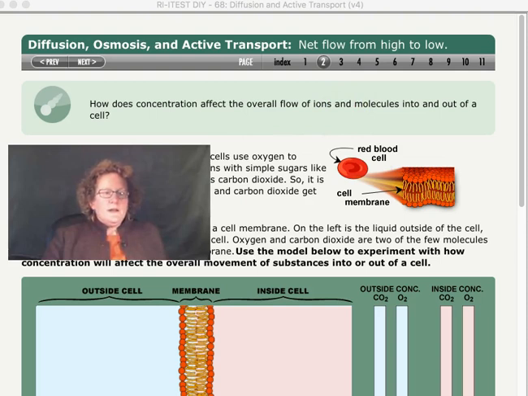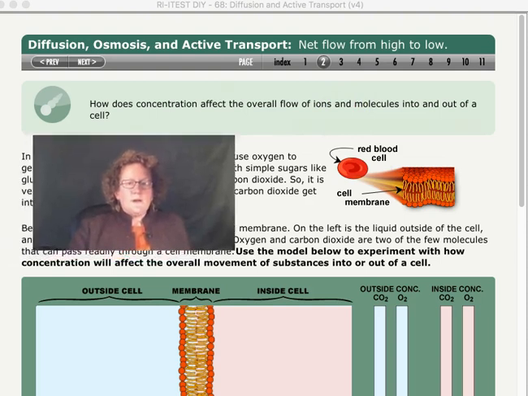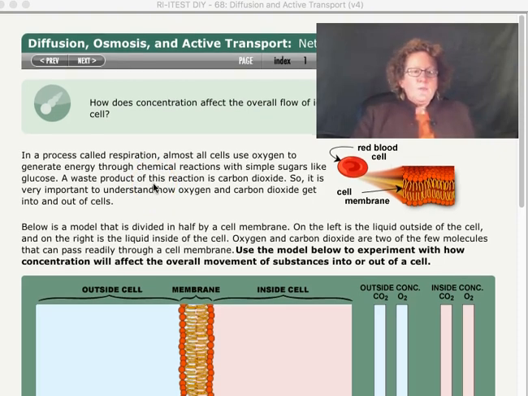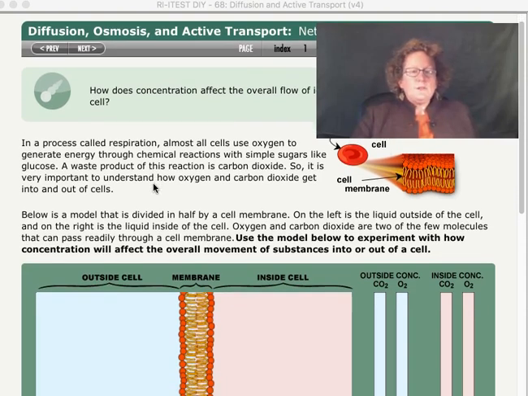All cells need oxygen because they do a process called respiration. They need that oxygen to do chemical reactions with simple sugars like glucose. And a waste product of these reactions is carbon dioxide. So it's very important that we understand how oxygen and carbon dioxide get in and out of cells, because that's essential for us being alive.